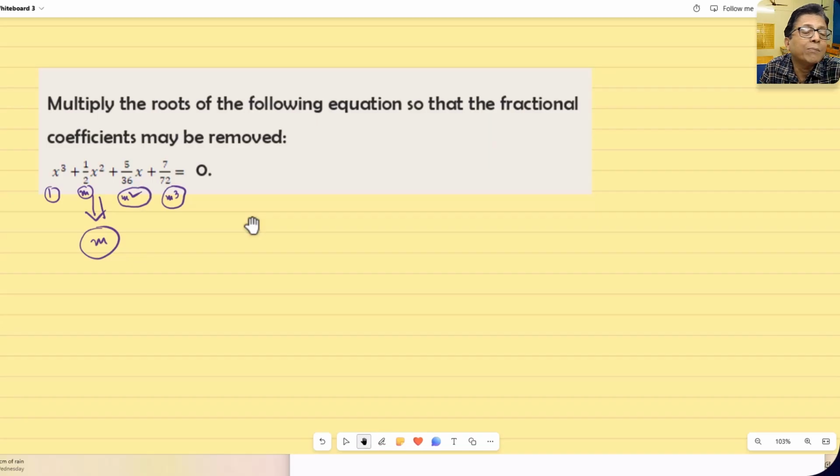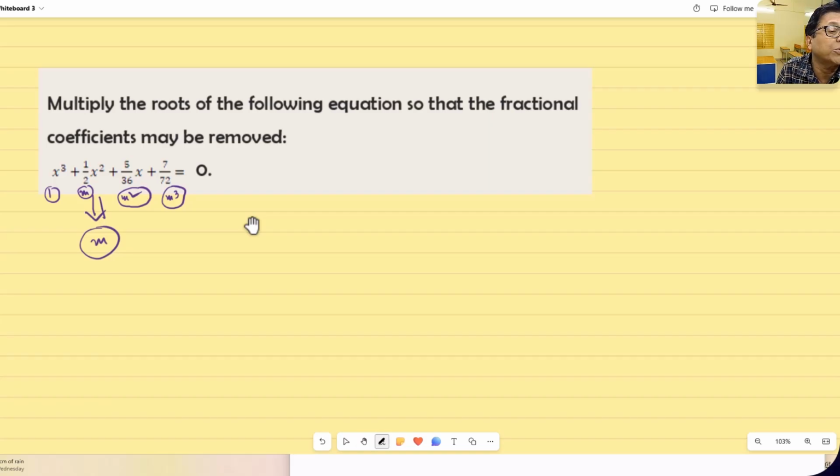Now your problem is to multiply the roots of this equation by the factor m in such a way that all these coefficients become integers. How is it possible? Go by the trial method. Multiplying by 2 will not help. Why? Because when you multiply by 2, this is removed, but this one is not.